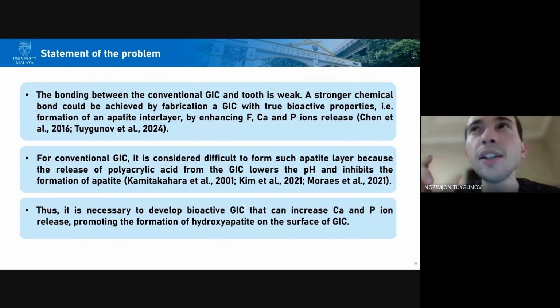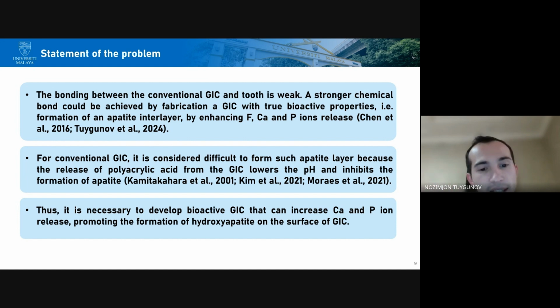As we know, in conventional glass ionomer cements, the bonding between the conventional GIC and tooth is weak. Why is it weak? Because a stronger chemical bond could be achieved by fabricating GIC with true bioactive properties, for example, formation of an apatite interlayer by enhancing fluoride, calcium, or phosphate ion release.